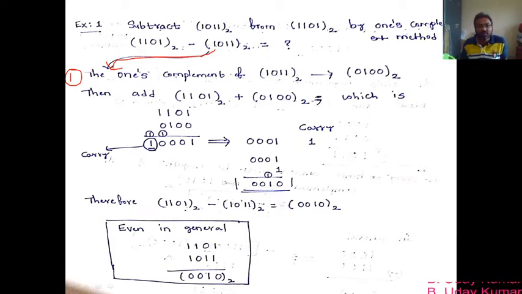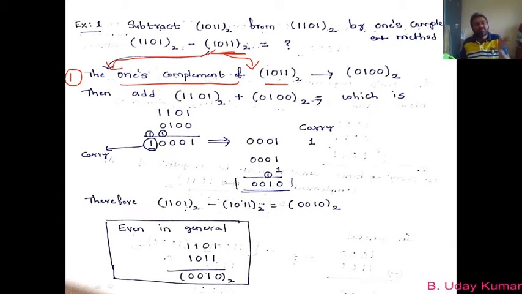The 1's complement of 1011 will be, how to write the 1's complement you already know. So 1011 to the base 2, I have taken here, and I am writing its 1's complement. You know that 1 has to be replaced by 0 and 0 has to be replaced by 1. So if you do so, you get the 1's complement.